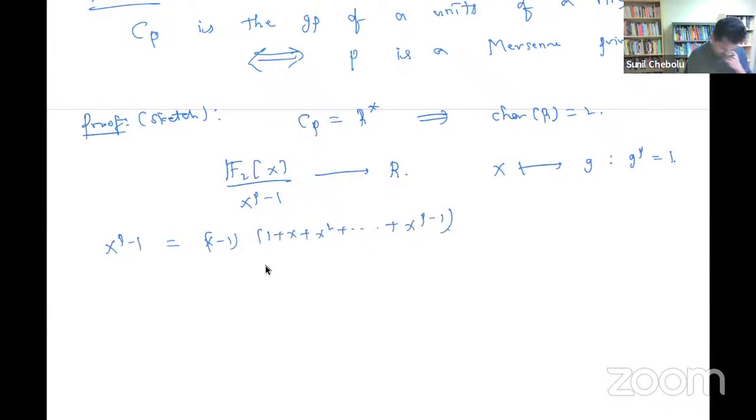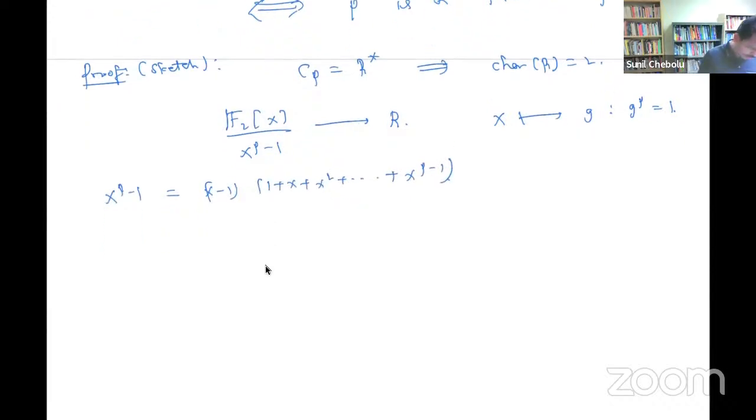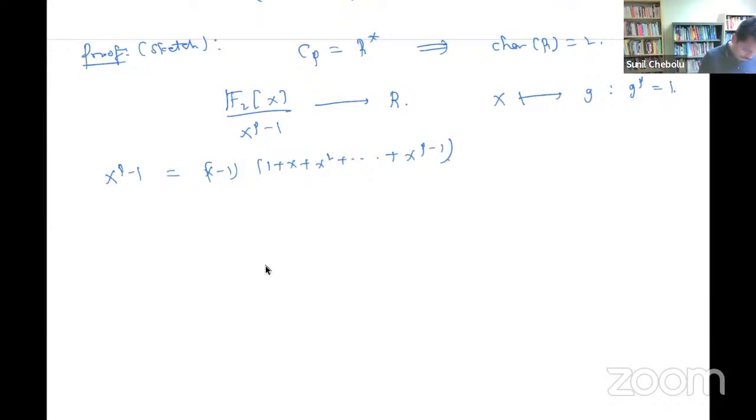You have this factorization, and again, this splits into a product of distinct irreducible polynomials. So I can write this map phi as a product of F2[x] mod pi of x going to R.